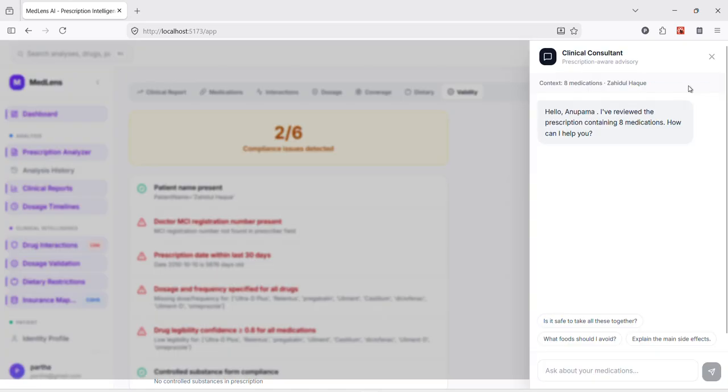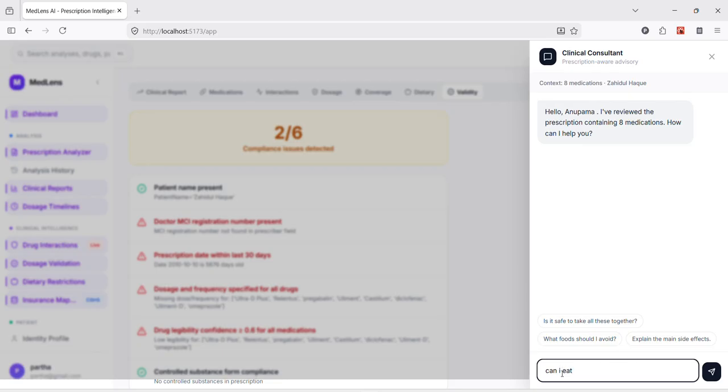Next is our clinical assistant. Even before we put a prompt to the clinical assistant, it is already aware of our prescription and previous medical records. For this we have used Groq API, and the LLM that we have used is Llama 3 70B.